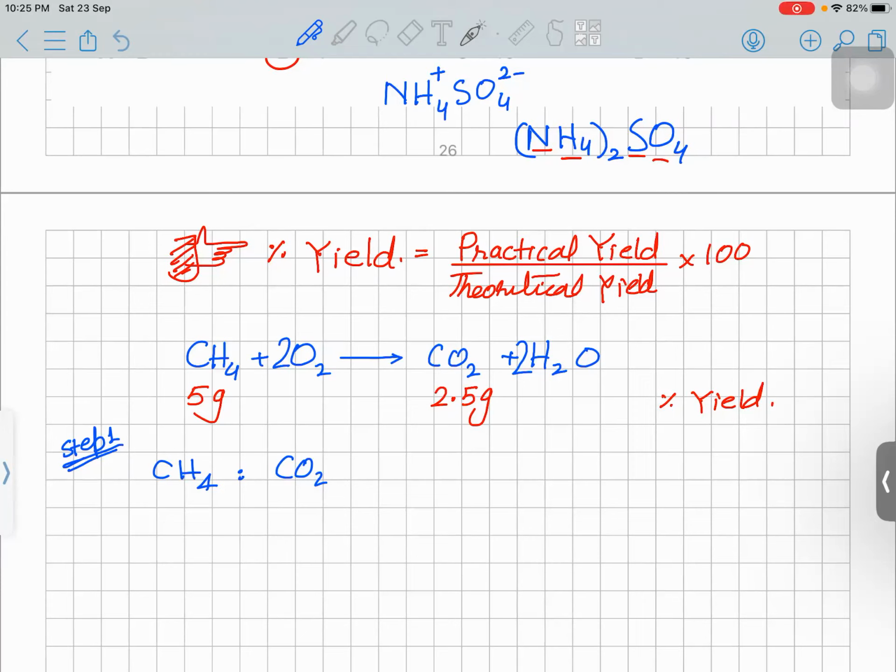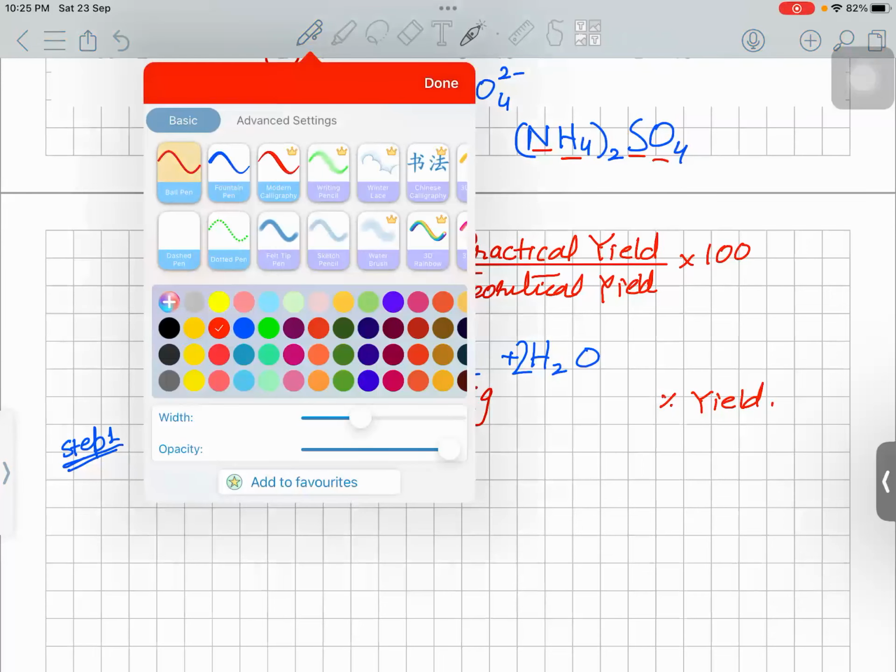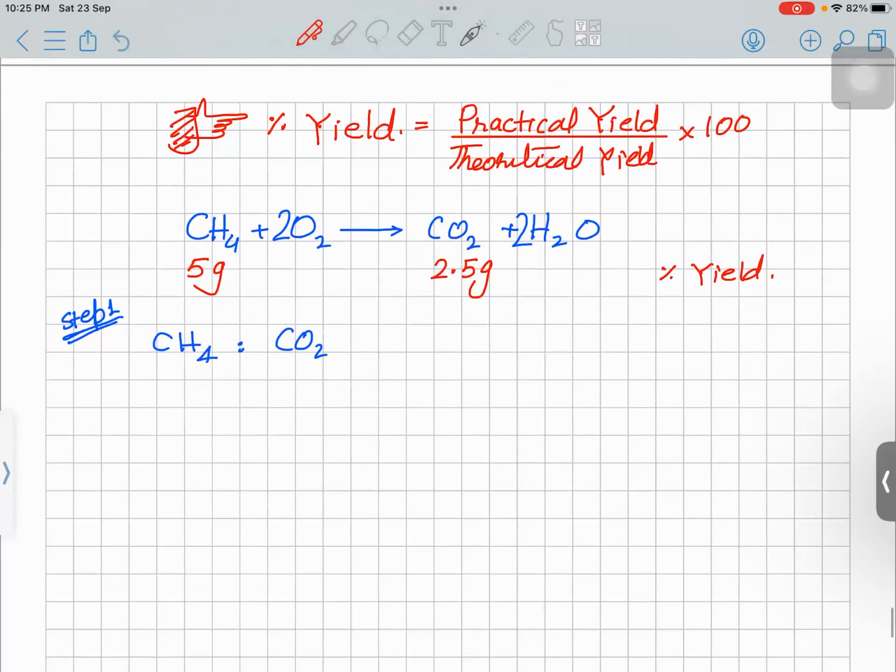Sir, so here in CH4, why are we comparing CH4 and CO2? Because in the question CH4 mass is given. In the question mass of carbon dioxide is given. Can you tell me MR of CH4? So why do you have to find MR?